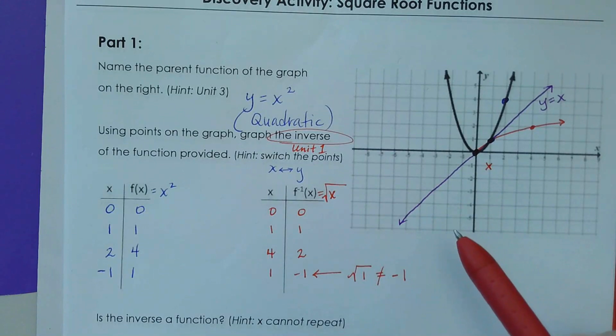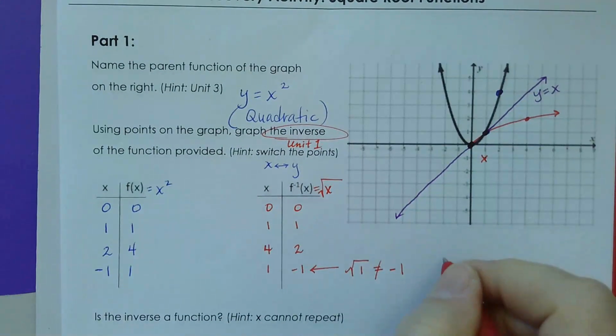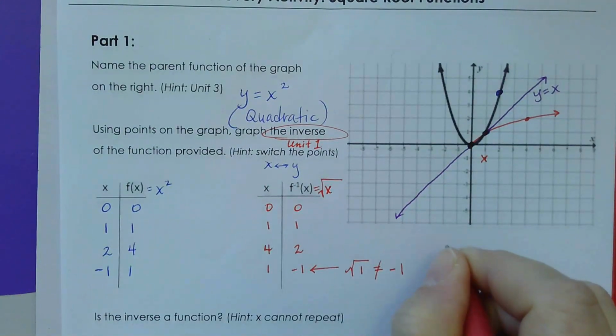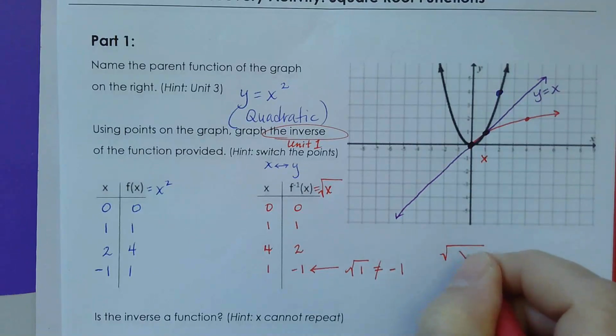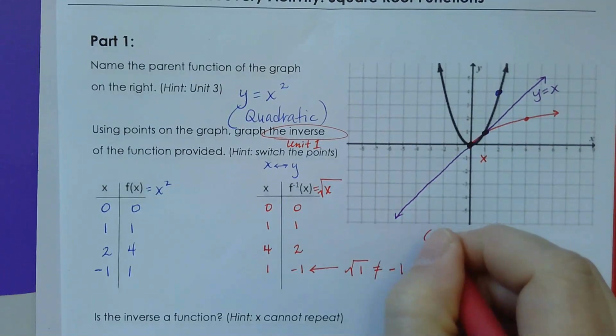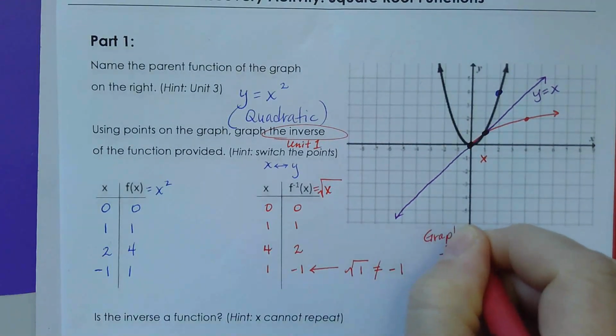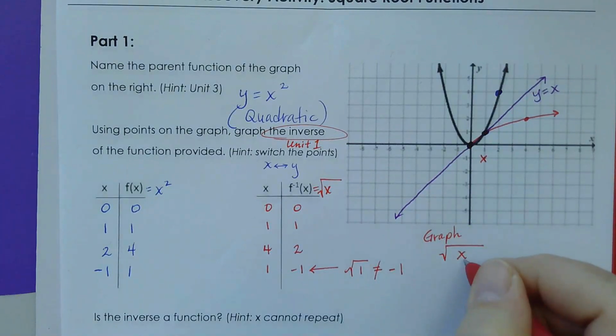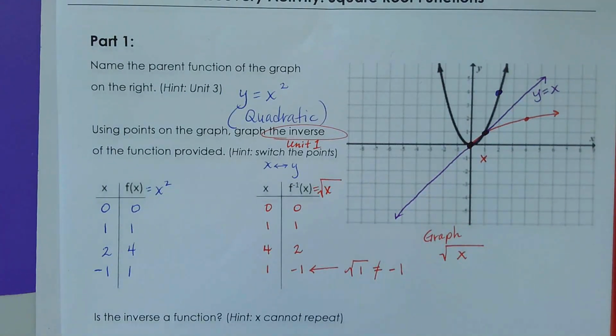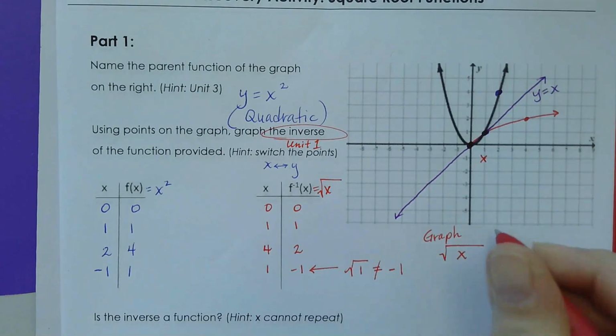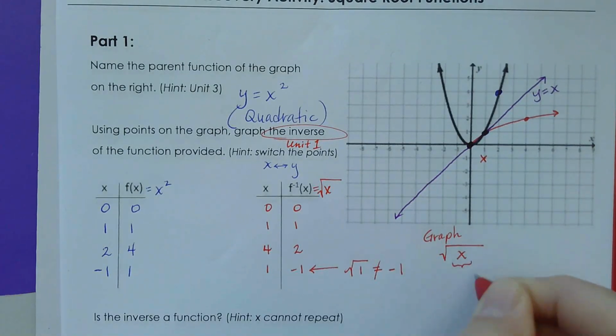What you come to find here is that when I take a square root, whatever number that I am taking the square root of has to be 0 or positive.